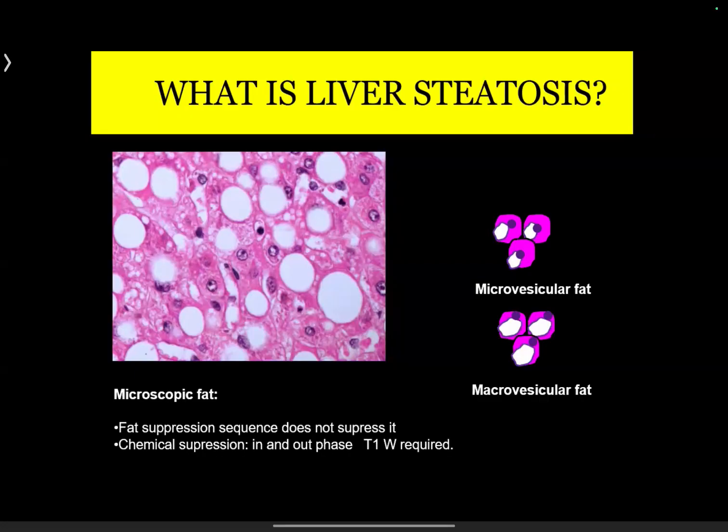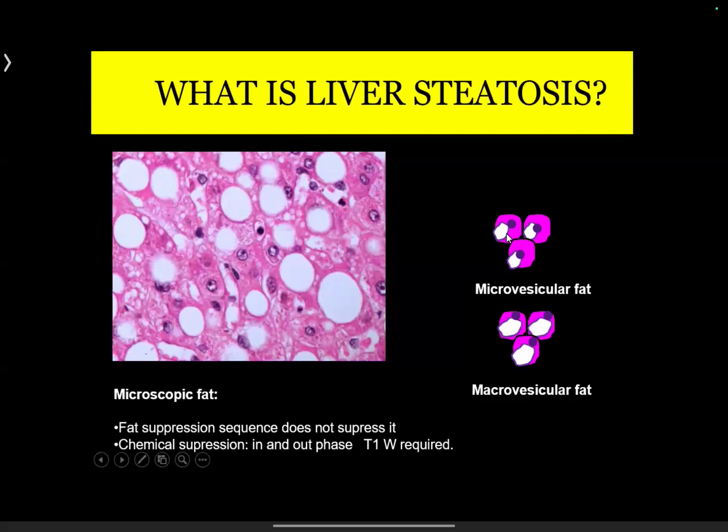Now let's dig into the pathology, what actually is liver steatosis. So if you see, this is a hepatocyte, while this one looks different. It's looking different because there's this fat globule which is sitting inside the hepatocyte. The fat deposition within the hepatocytes is in 2 stages.